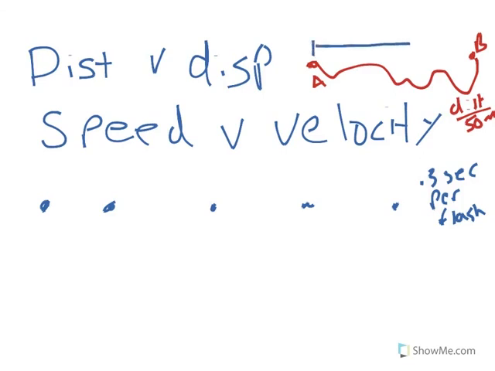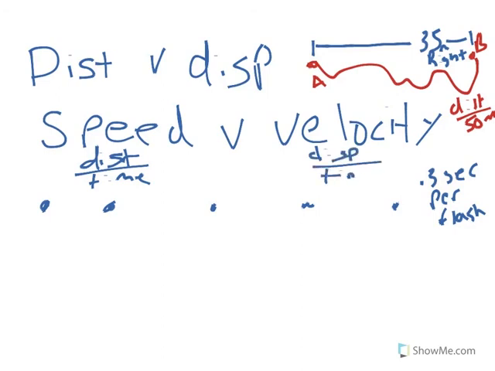So this might be your displacement, 35 meters to the right. Alright? So that's what displacement looks like. Displacement is how far you are from where you started, and distance is how far you went along the path. Speed, remember, is distance over time. And velocity, remember, is displacement over time. If they ask you to make that distinction, that is the distinction.